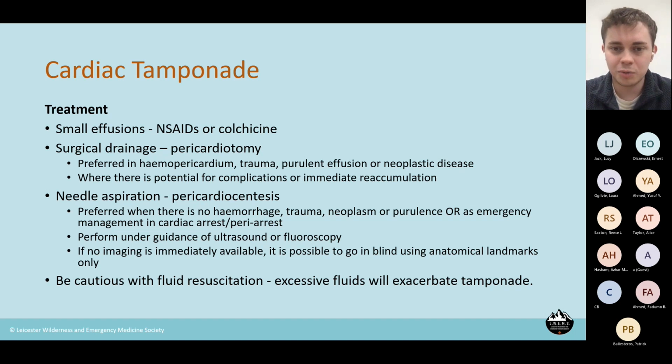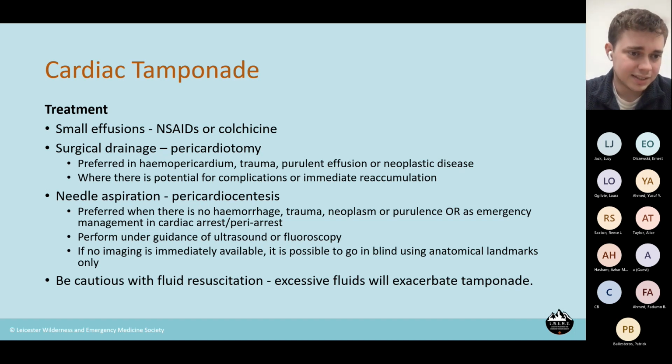If a tamponade is caused by a ventricular rupture or an aortic dissection, the pericardial sac is going to fill faster than you'll be able to drain it by pericardiocentesis. So it needs to be done in surgery, not through needle aspiration.